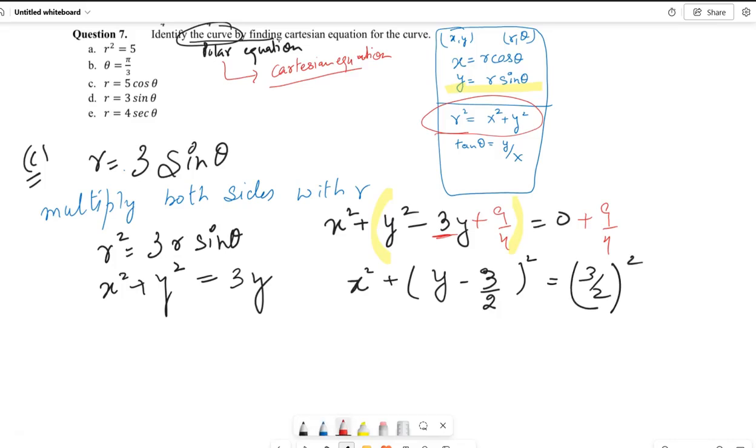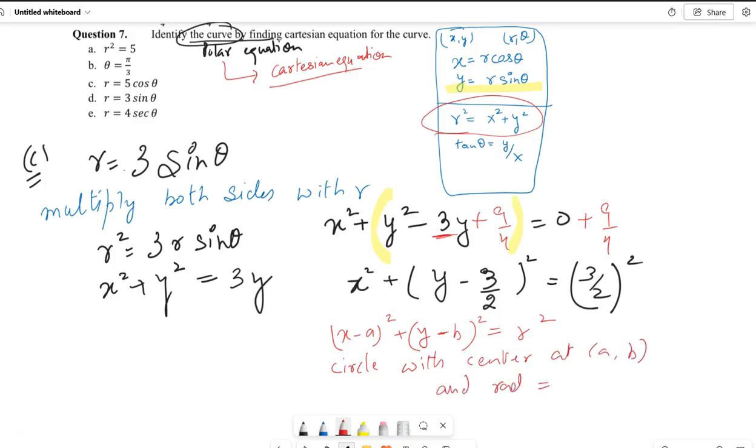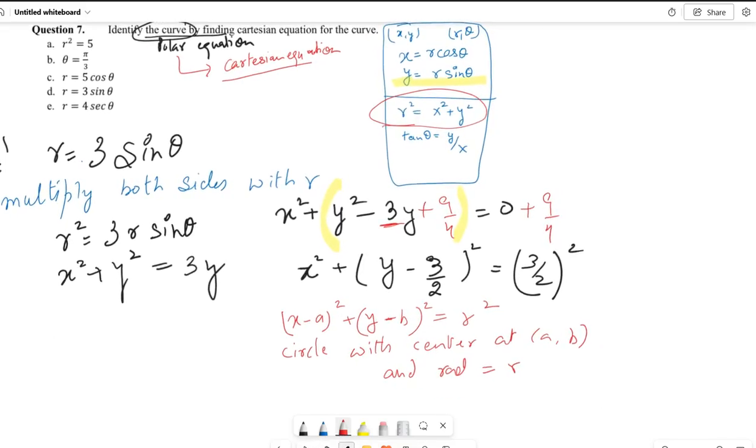Do you guys remember our equation? x minus a whole square plus y minus b whole square equal to r square, which is a circle with center at a, b and radius equal to r. So compare our equation with this.